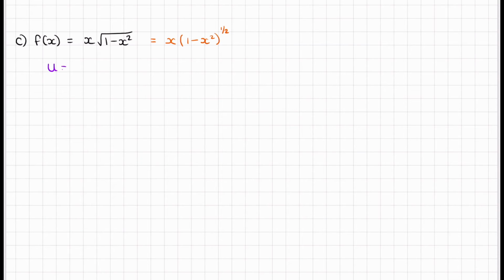So the u would be x and the v would equal 1 minus x squared to the power of a half. Differentiate each of these, so u dash will be 1. Derivative of v is a chain rule, so you need to do that process, and once you've done the process you end up with negative 2x multiplied by a half multiplied by 1 minus x squared to the power of negative a half.